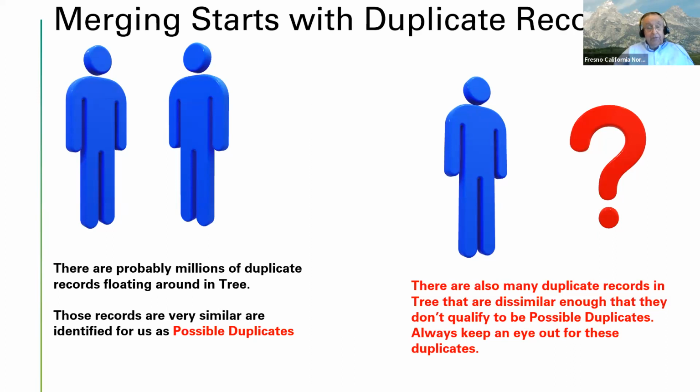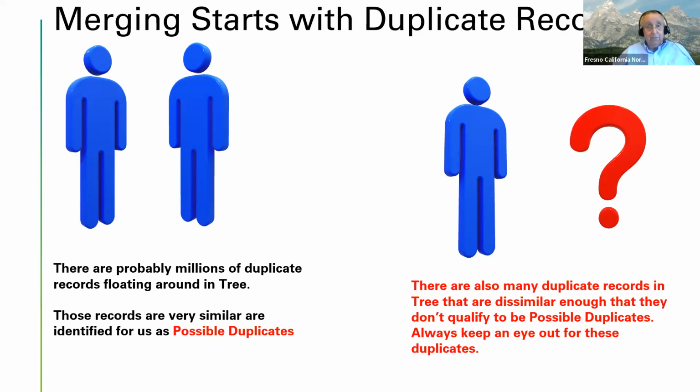And sometimes they're right there in the family. They could be two children in a family that are actually the same person, but there's enough difference between those two records that even though they're siblings in the tree, the system won't even catch the fact that there could possibly be duplicates. And so we have to keep our eyes open and watch for these.